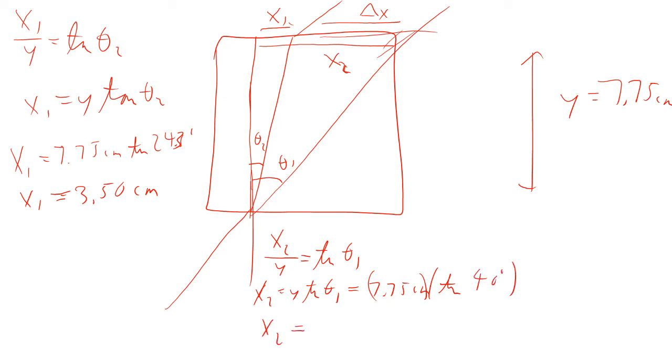So x2 comes out to be 6.5 centimeters. So delta x, that's going to be x2 minus x1, so that's going to be 3 centimeters.